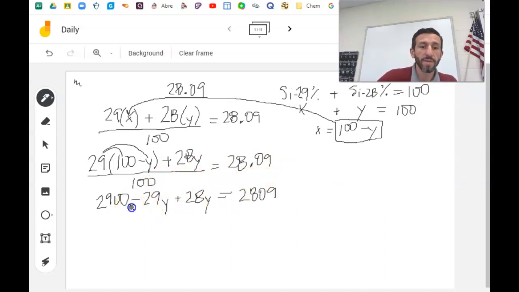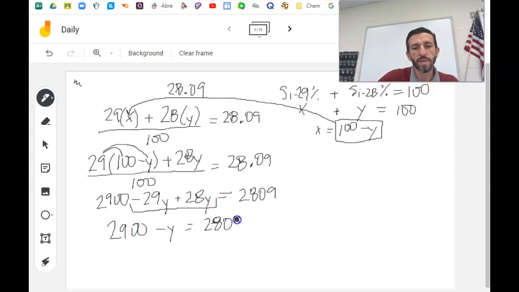Okay, now I'm going to combine these like terms over here. I'm going to get 2900 minus y equals 2809. Then I'm going to subtract 2900 from both sides, and I get negative y equals negative 91. Nobody likes to work with negatives. Let's divide both sides by negative 1. I get that y equals 91.